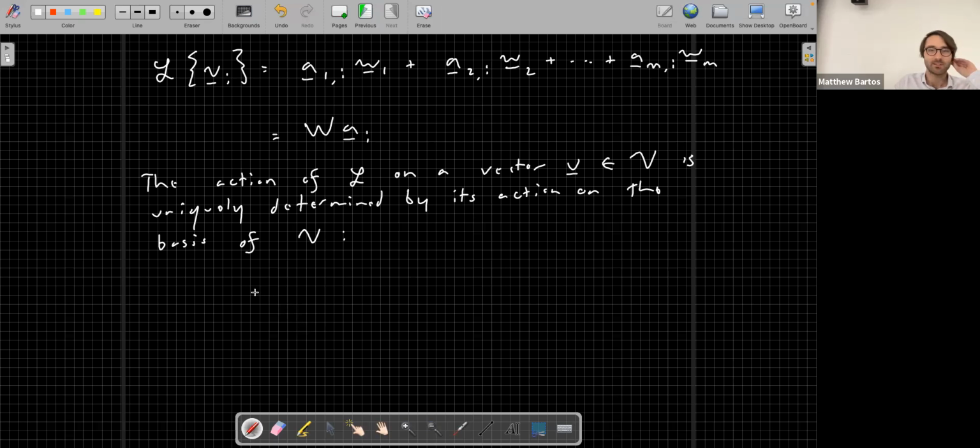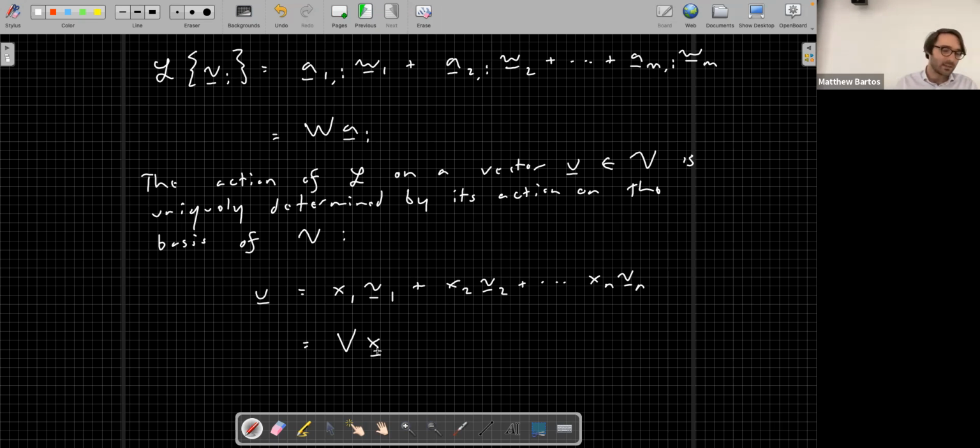In other words, we can say that any vector U from our domain has to be represented by some linear combination of the basis elements of our domain, up through Xn Vn. We can represent this again as a matrix vector product, V times X, where X is just some vector of coefficients.